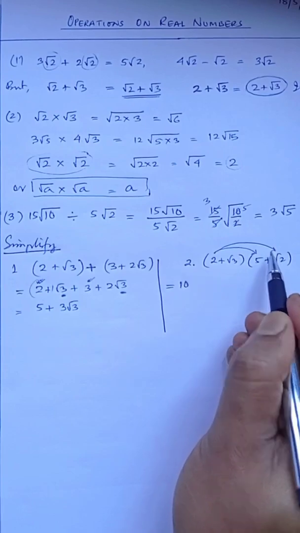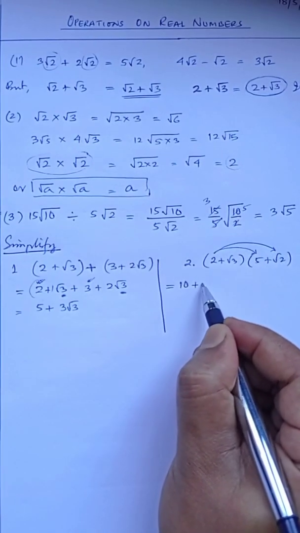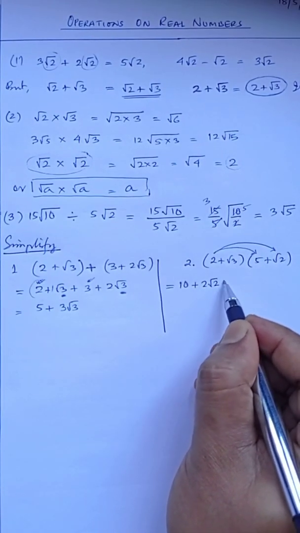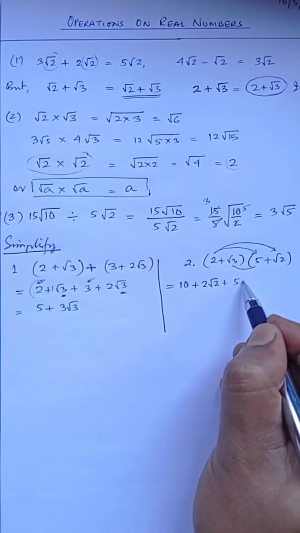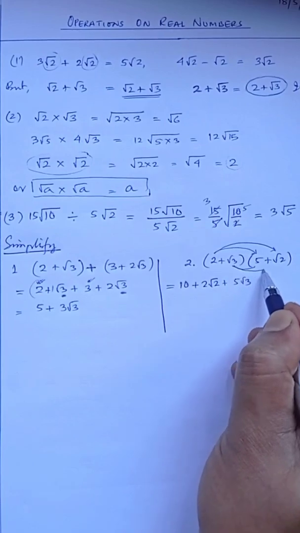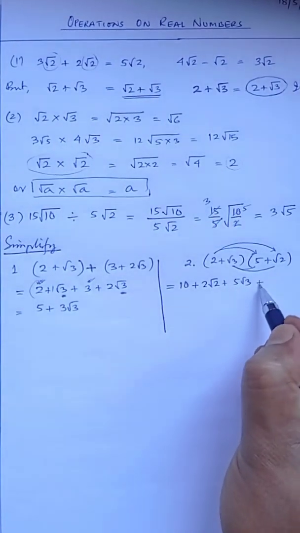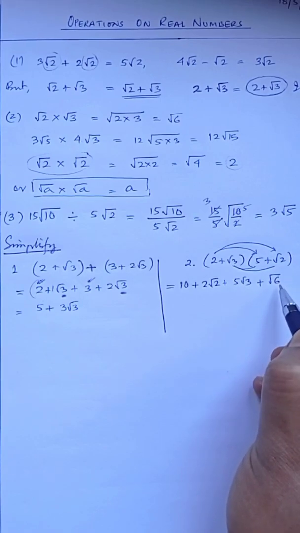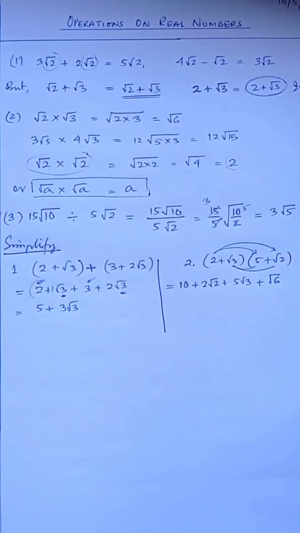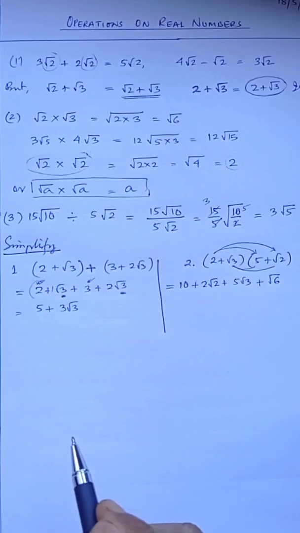Again these two, 2 root 2. This and this, 5 root 3. This and this one, root 2 into root 3 is root 6. That's it. This is the answer. Let me show you one more example.